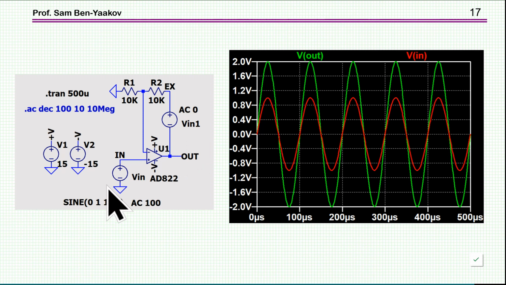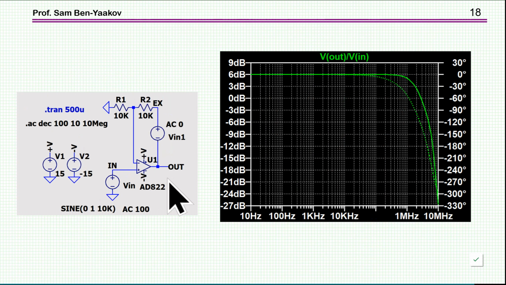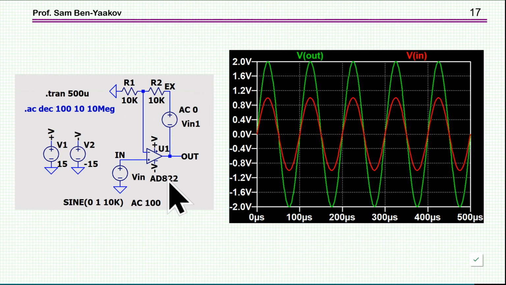Everything is fine. Now this model is compatible also with AC analysis, so I can also run AC analysis on it. To run a given analysis, you have to activate the analysis. So for the transient, this is activated, and the blue one is actually put on hold.